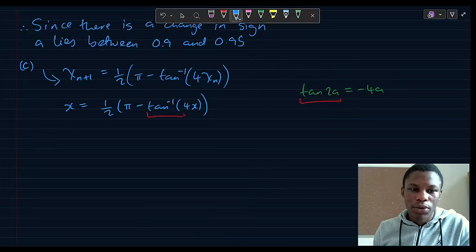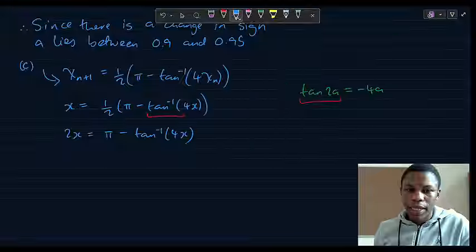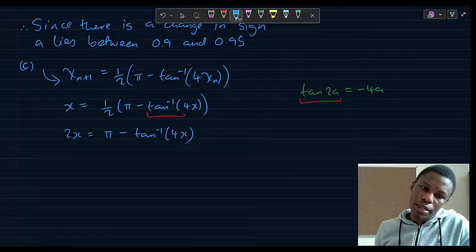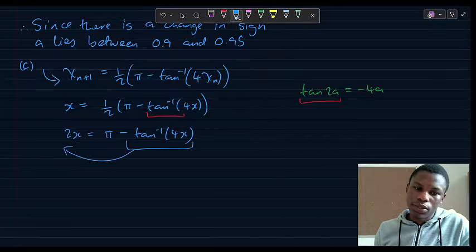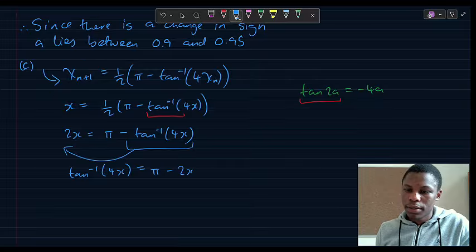So multiply through by 2, so that I've got 2x is equal to pi minus arctan of 4x. Now I'm going to move the arctan to the left, and the 2x will come over. So arctan of 4x is equal to pi minus 2x.